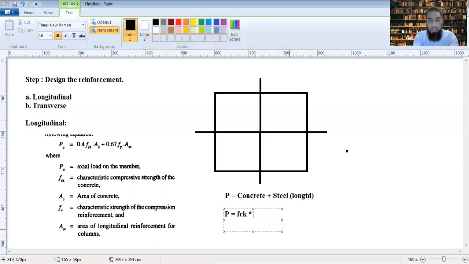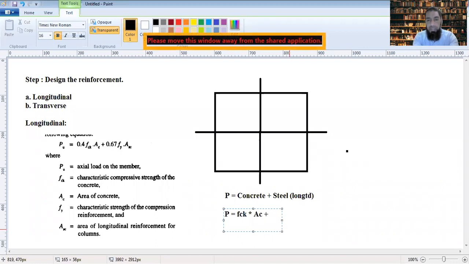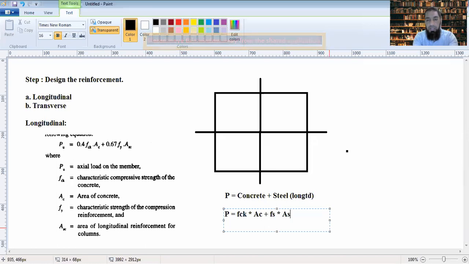Stress into area of concrete, A of concrete, would be the load which will be resisted by concrete, plus the resistance offered by the steel to this load P, that will be the stress in the steel, that's Fs, into the area of the steel, that's As, or you can say ASC here.